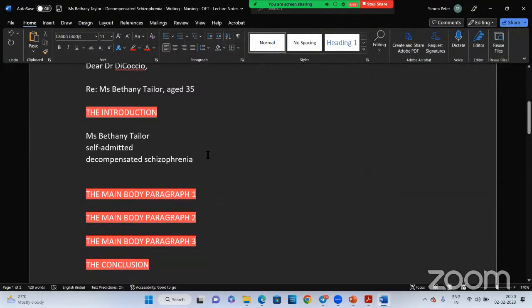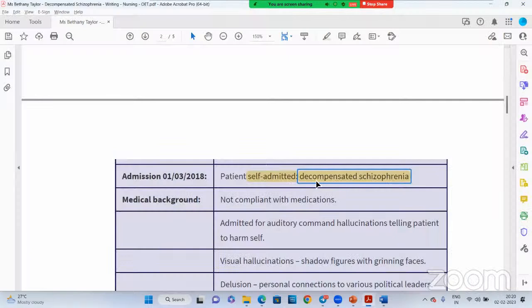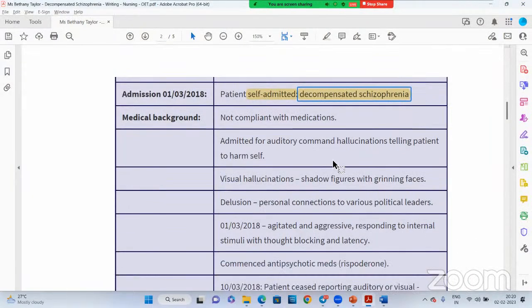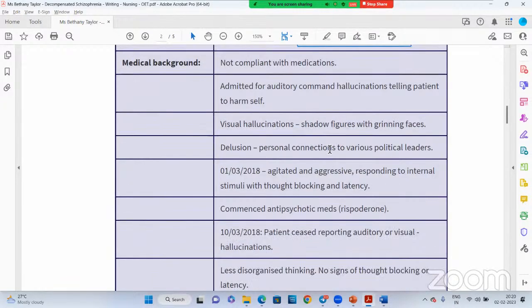So decompensated schizophrenia. Next one is, what else? This is a worsened condition, decompensated schizophrenia. Already she has schizophrenia, it's decompensated now. So emergency.